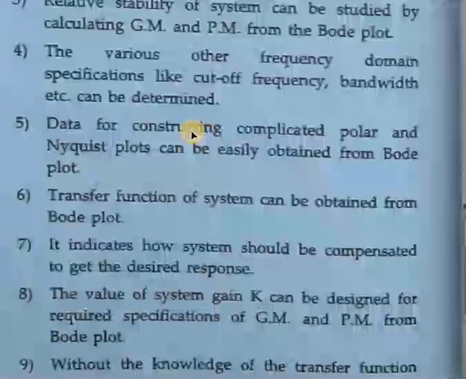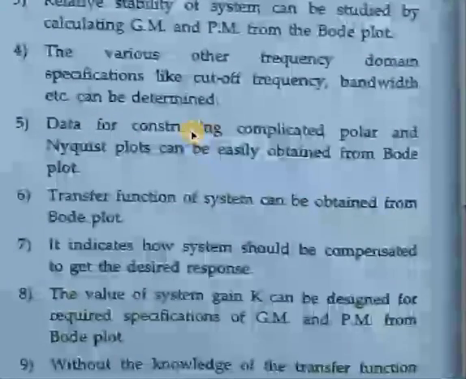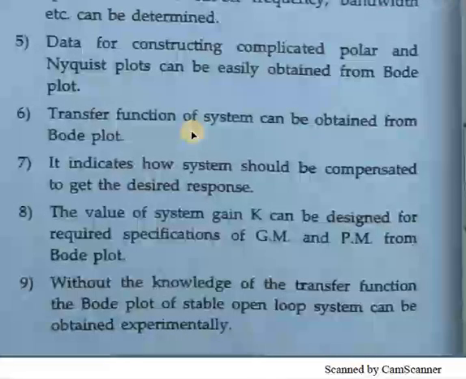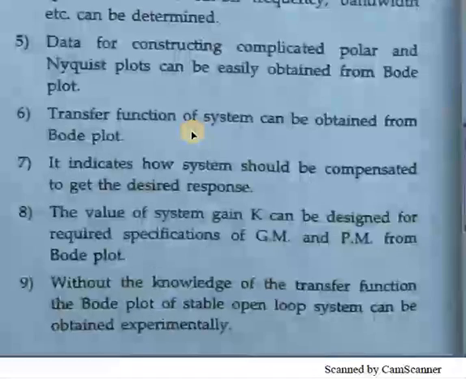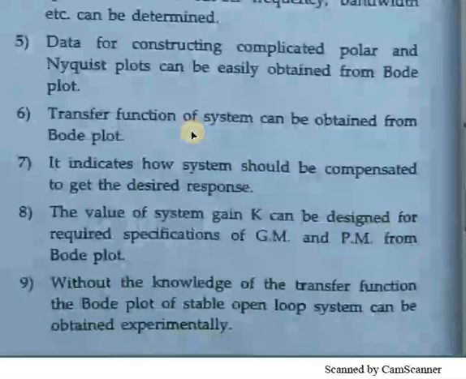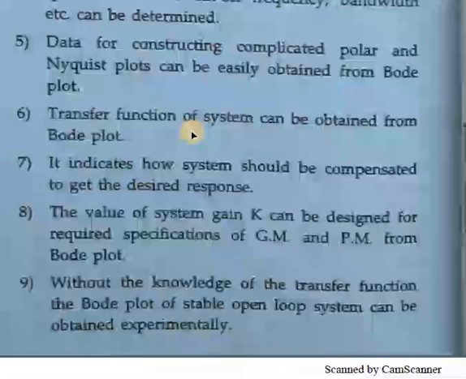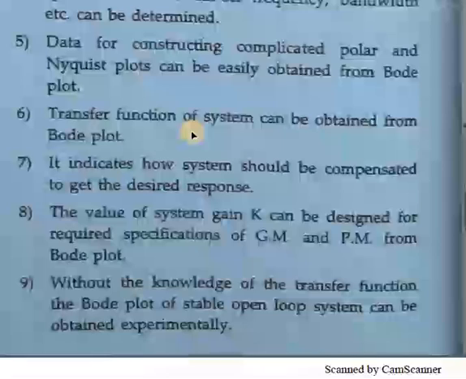Then the ninth one is that, without knowledge of the transfer function, the Bode plot of a stable open loop system can be obtained experimentally. So it is very useful to get the transfer function from the Bode plot.